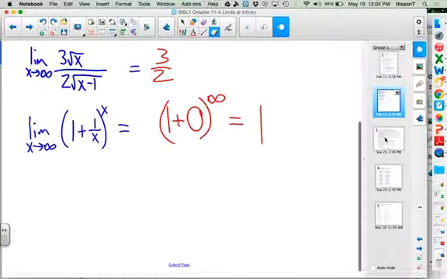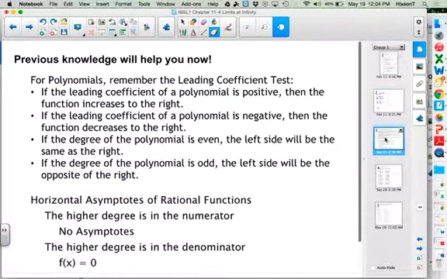Now, just to tie things together, some of the things we've learned in the past that we're using here. Remember your leading coefficient test, okay? If your leading coefficient is positive, it increases to the right. If the leading coefficient is negative, it decreases to the right. If the degree is even, then the left and right side are going to do the same thing.